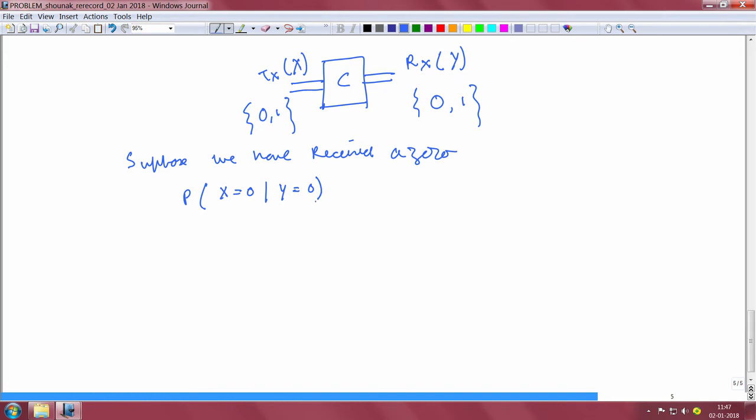That means, y was actually 0, received at y, and we have to calculate the probability that x equal to 0, and we also have to calculate the probability that a 1 was transmitted given we have received a 0. Now, if this is bigger, that implies a 0 was transmitted.